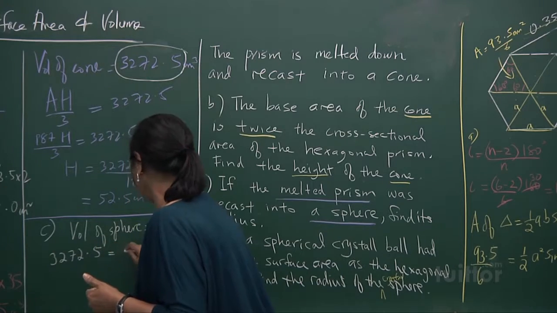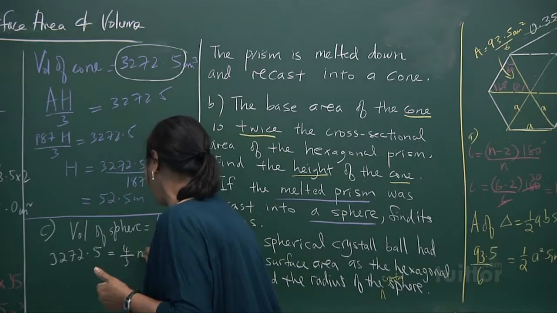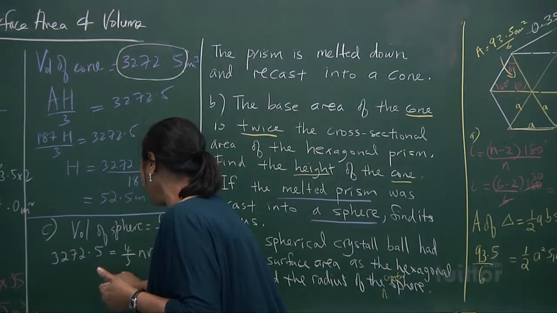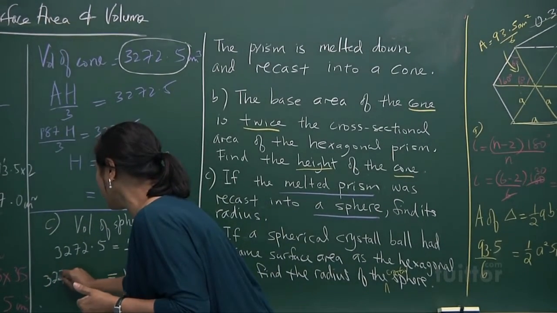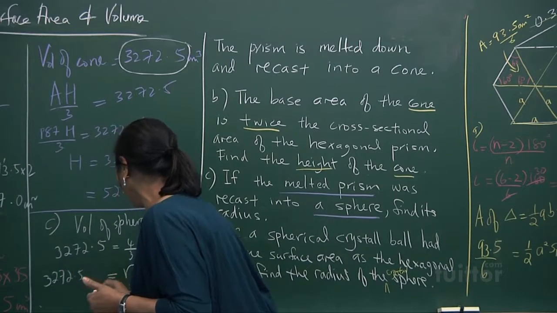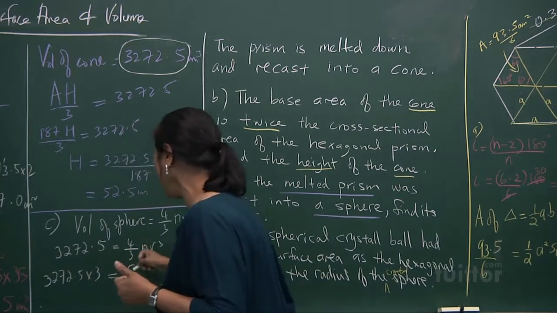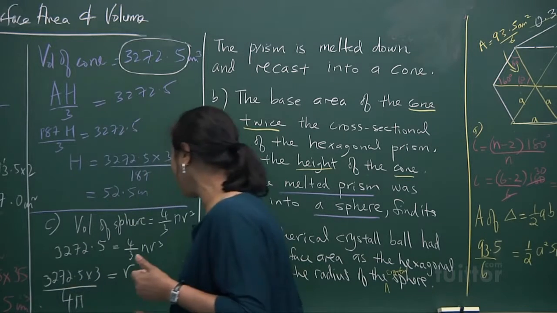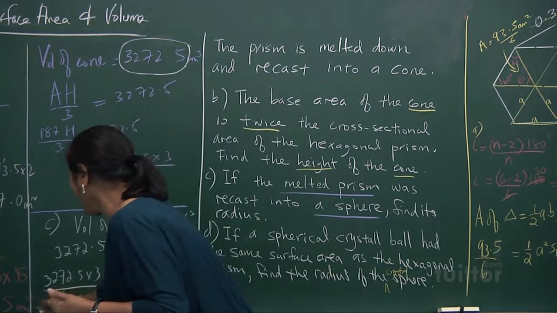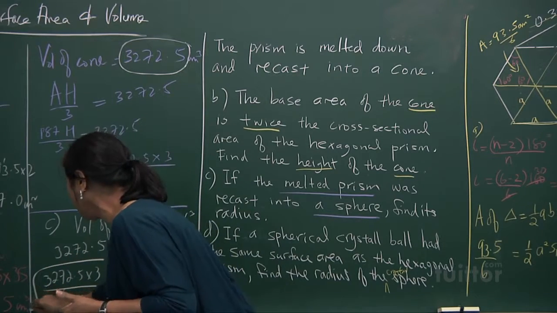So put it in, and this is the answer. 3272.5 equals 4/3 pi r cubed. Make r the subject. All you need to do is manipulate the formula. Multiply by 3, divide by 4 pi, get the answer, and then find the cube root of this whole thing.